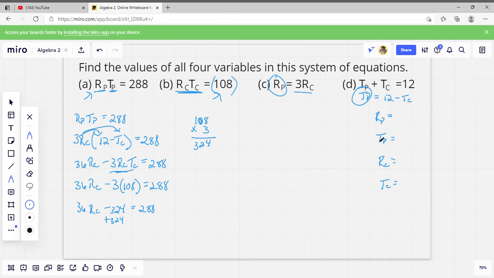Now add that 324 to both sides. 36 RC equals 612. Now we've got to divide by 36. 612 divided by 36.